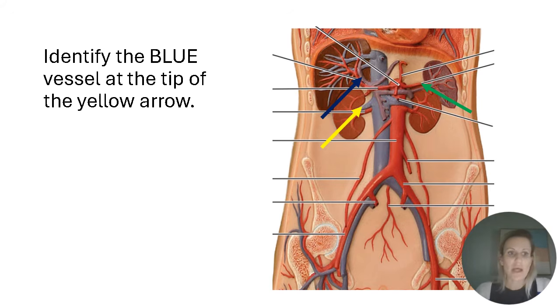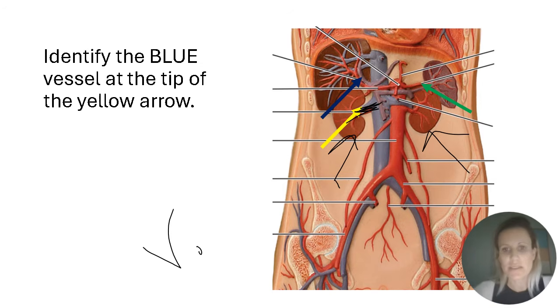Identify the blue vessel at the tip of the yellow arrow. So we're talking about this blue vessel right here. Blue vessel going out to the body is a vein. Remember these paired organs here, those are the kidneys. So we say renal when we're referring to the kidneys.